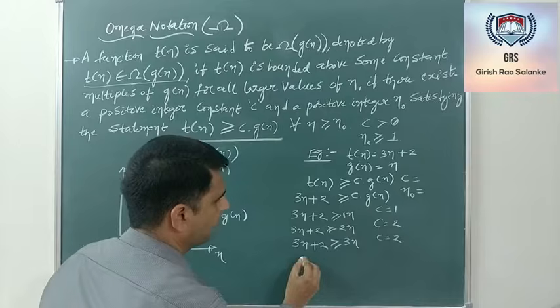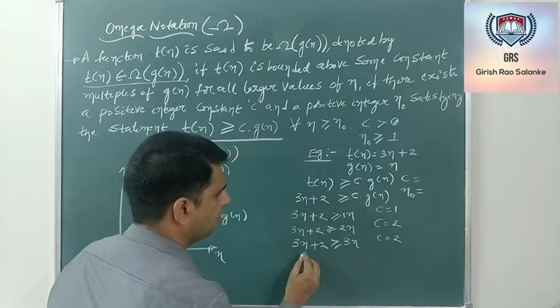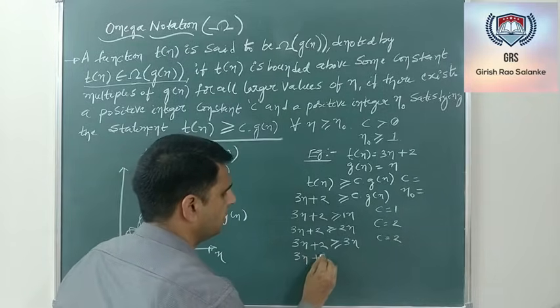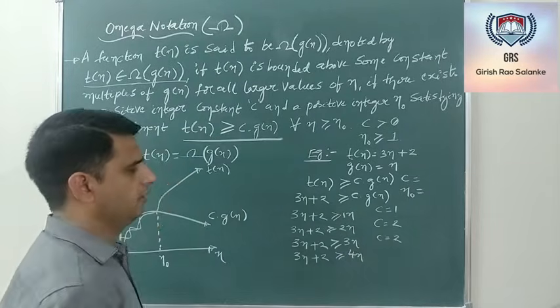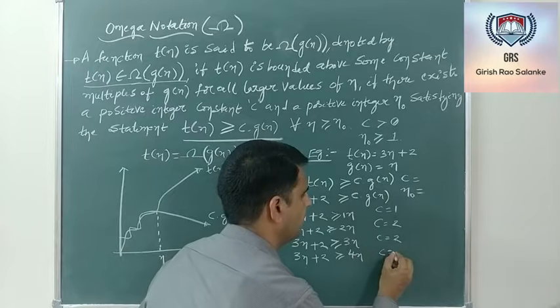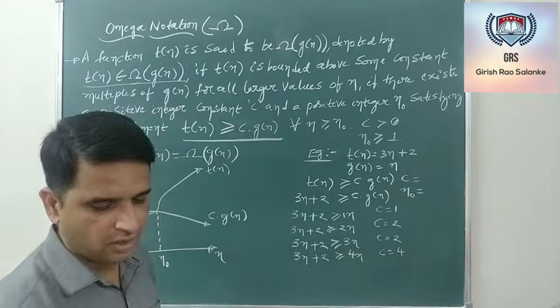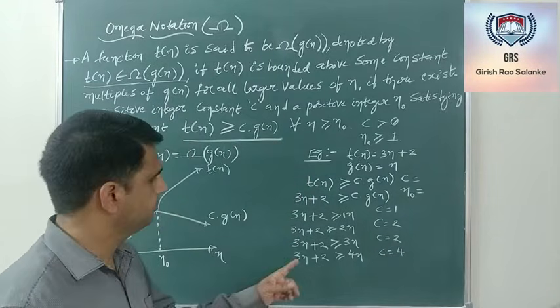Now let's take one more example, c equals 4: 3n plus 2 greater than or equal to 4n.